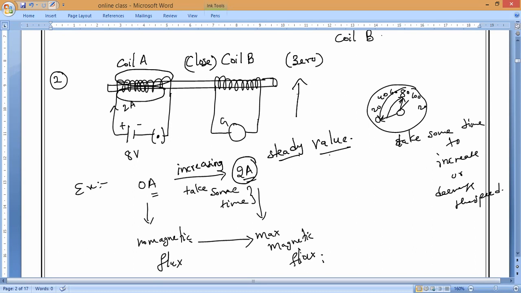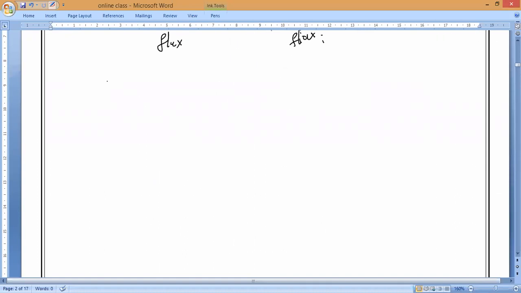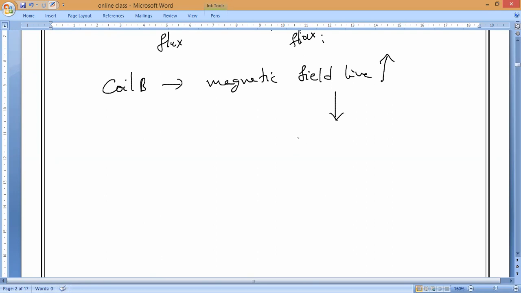If the magnetic field increases, then the potential difference increases or not? So the magnetic field lines in coil B keep on increasing. If the magnetic field lines increase, then what is increasing because of this? The potential difference.